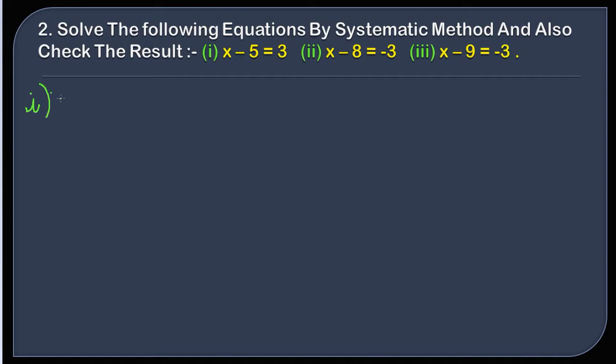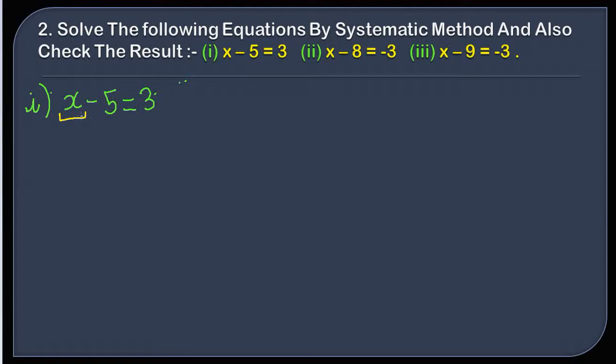First part, x minus 5 is equal to 3. To solve it, we have to make sure that x is all by itself.